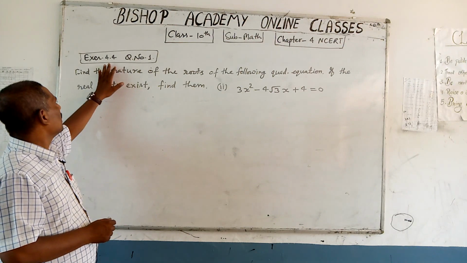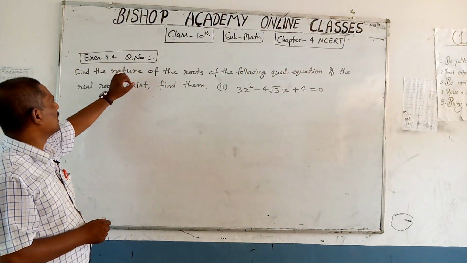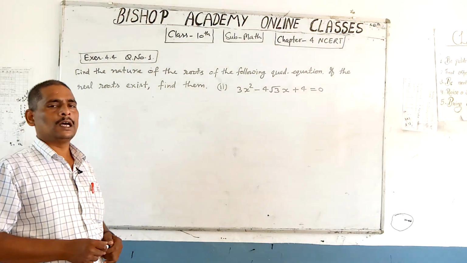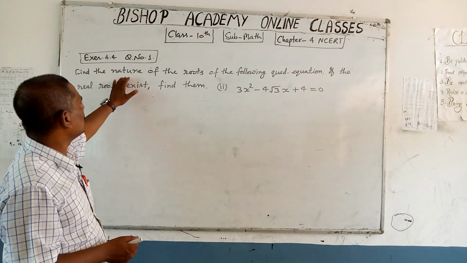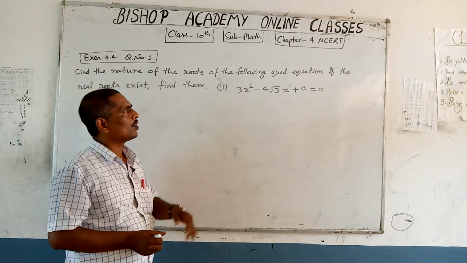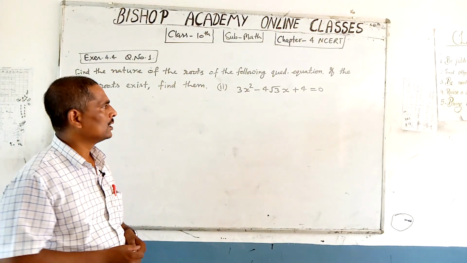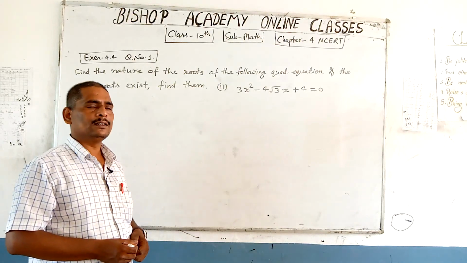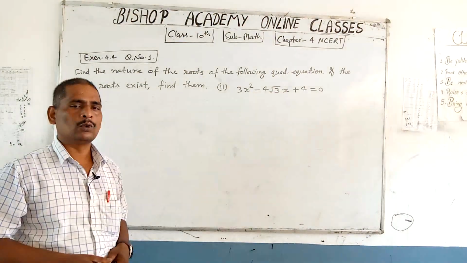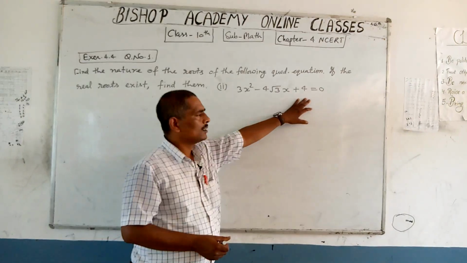You have to study today exercise 4.4 question number 1. How to solve question number 1? Let us see. Find the nature of the roots of the following quadratic equation. If the real roots exist, find them also. So this is the equation.